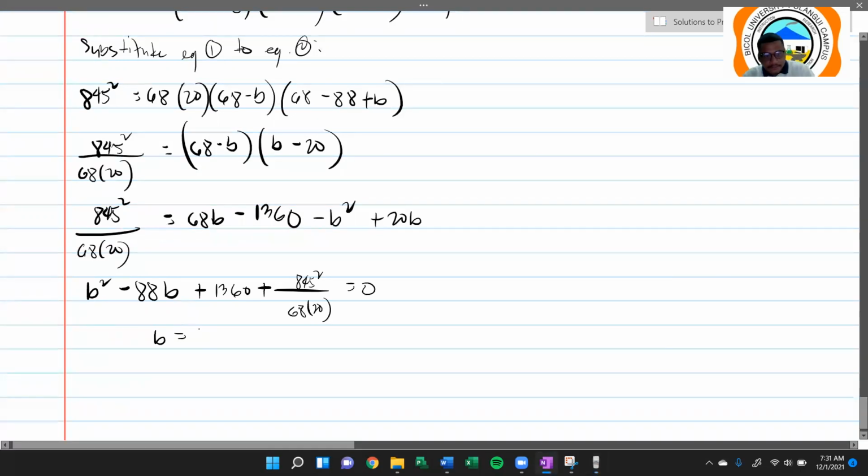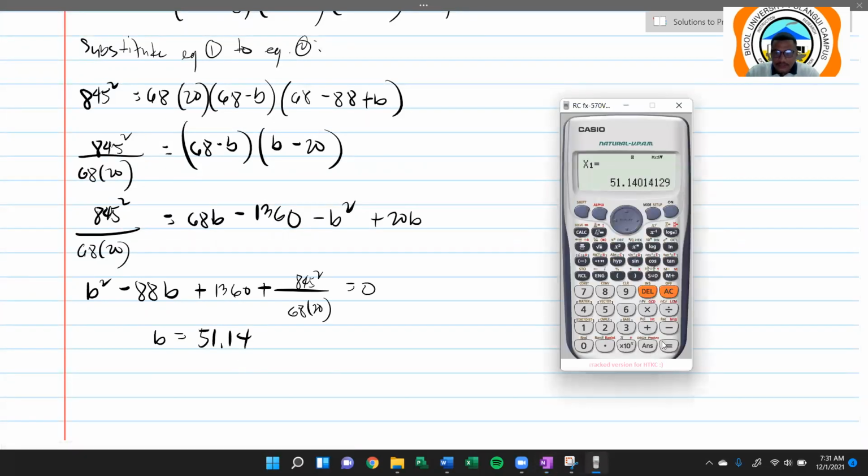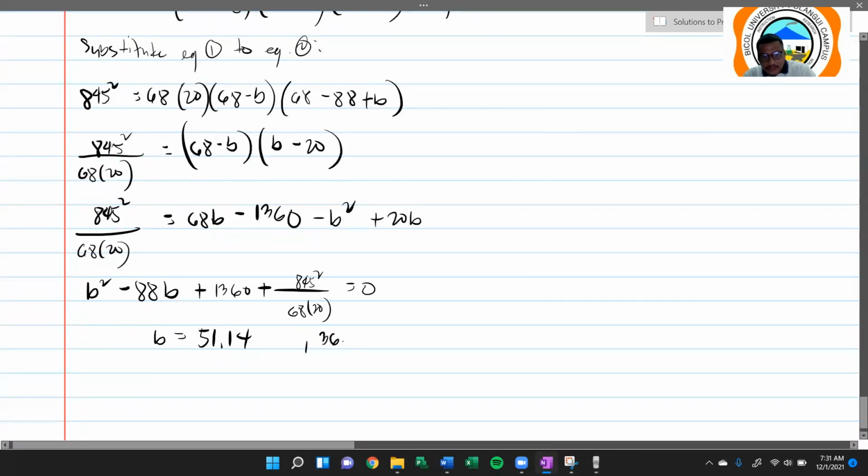The first root is 51.14, and the second root is 36.86. So definitely our shortest side must be equal to 36.86.